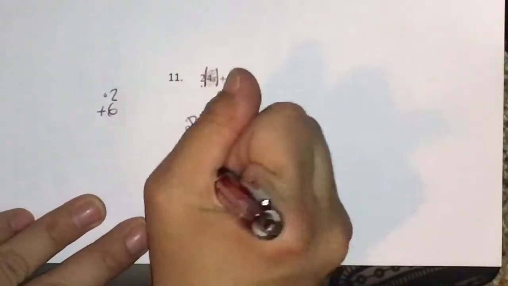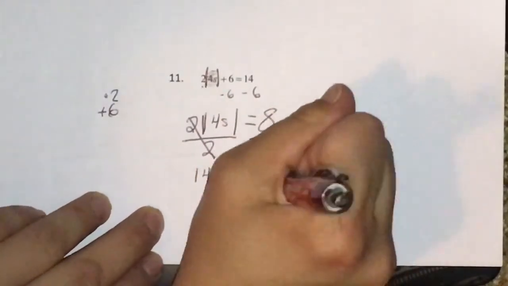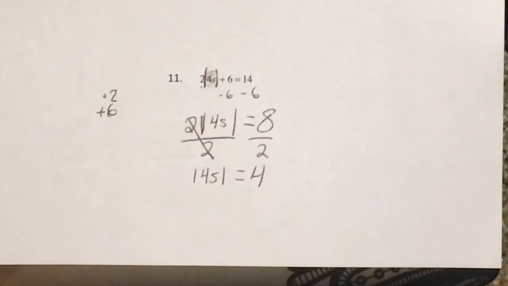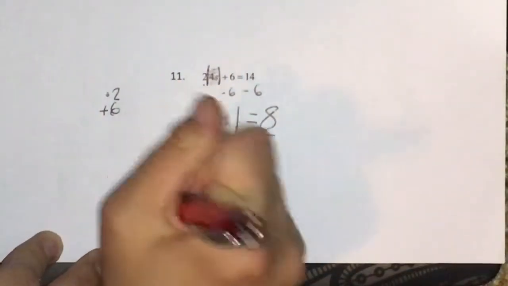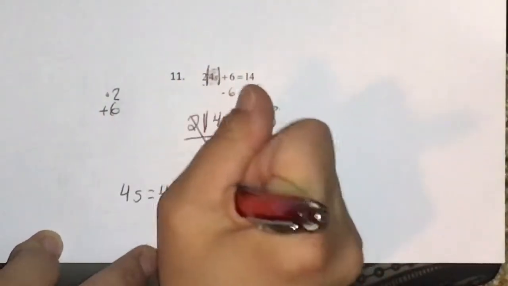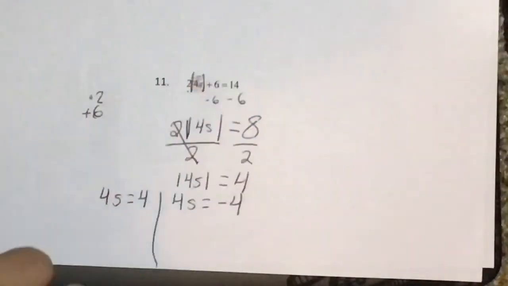And I get the absolute value of 4s equals 4. Now, I have isolated my absolute value symbols. I can set up my 2 different equations. So I have 4s equals 4 and 4s equals negative 4.